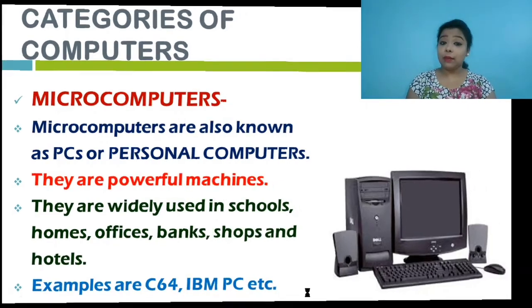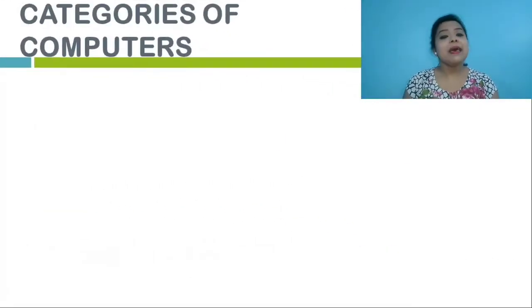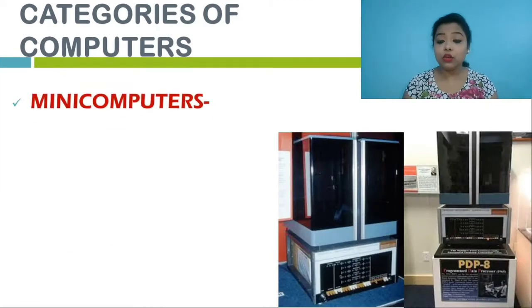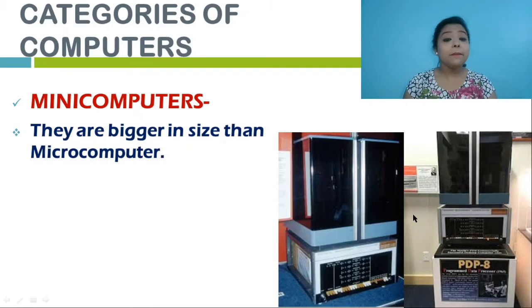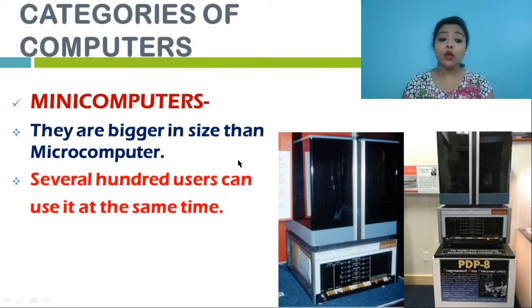Okay. Now, coming to the next one, that is mini computer. How it looks like, you can see the image here. So, they are bigger in size than the microcomputer. By seeing the image, you can understand microcomputers are smaller in size and mini computers are bigger in size than microcomputers. Now, next thing is several hundred users can use it at the same time.